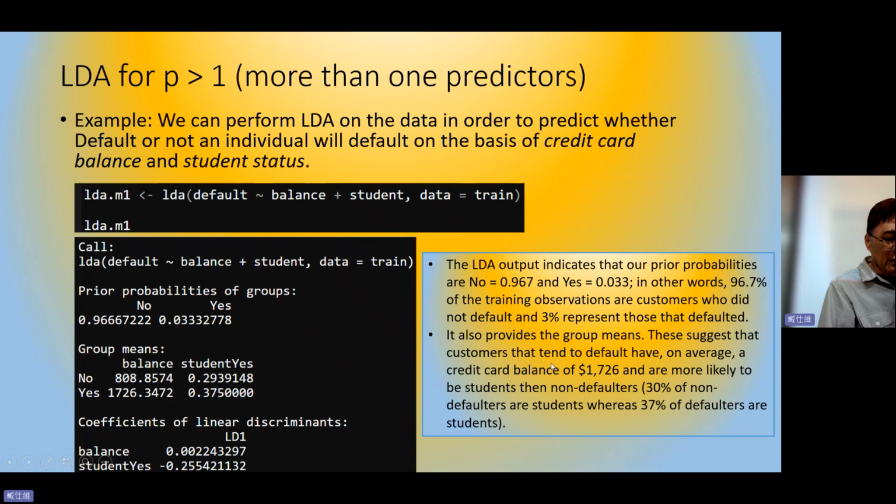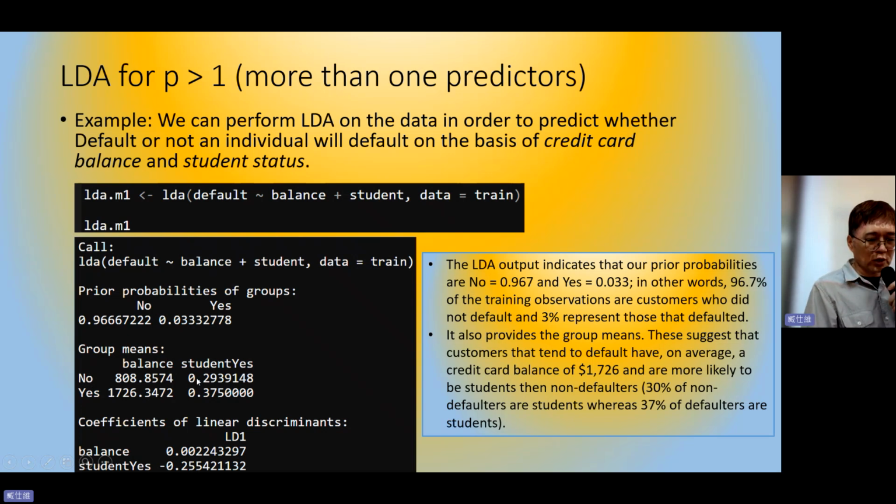You can see the customers that tend to default have an average credit card balance of 1,726, and are more likely to be students than non-defaulters. You can see 30% of non-defaulters are students, and 37% of defaulters are students. So this is the output of the group means, which is quite informational.